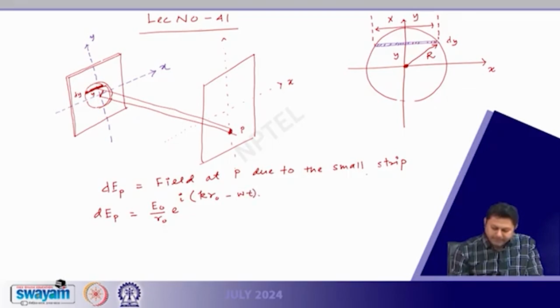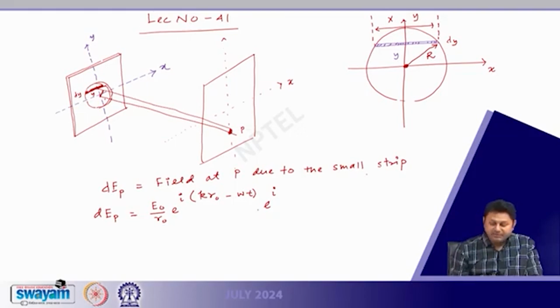That is the propagating part, but we also know that when the waves are moving, they are not in the same phase. So when we have this strip, there will be an additional phase compared to the electric field coming from the origin. So there will be a path difference between these two.